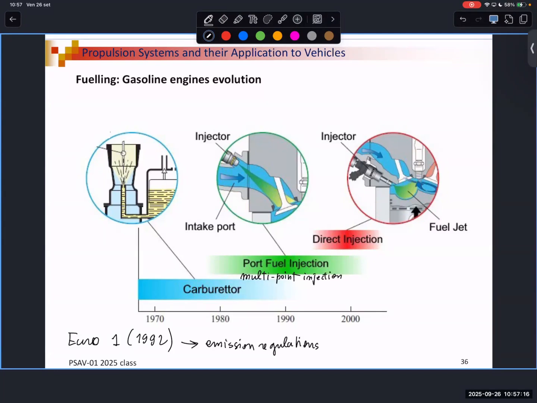Sorry, this is not completely true. For the port fuel injection, actually, we can have single point, which was used at the beginning, or multi-point.